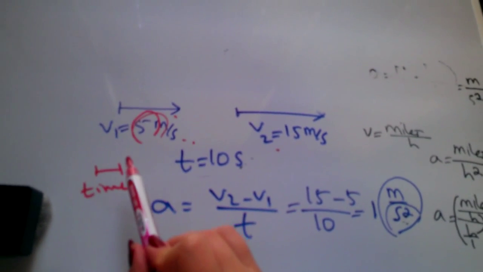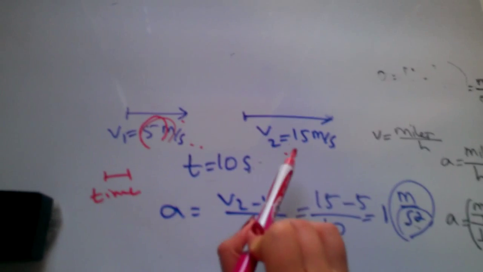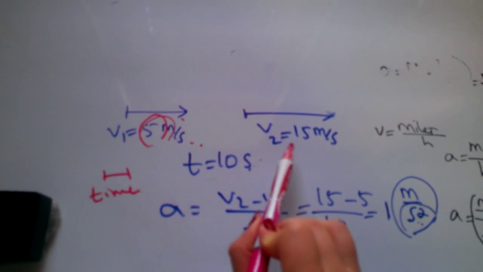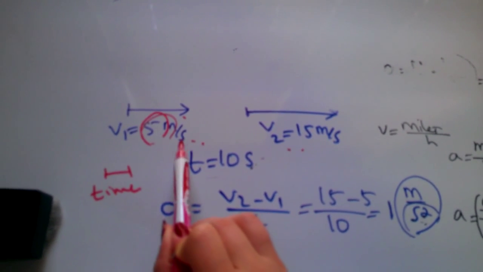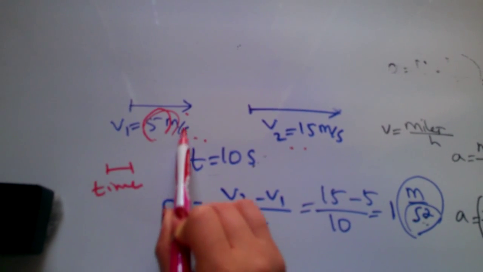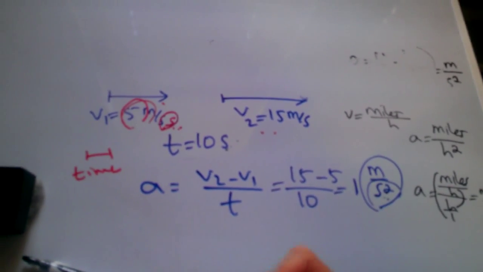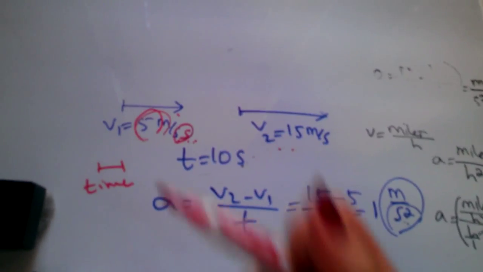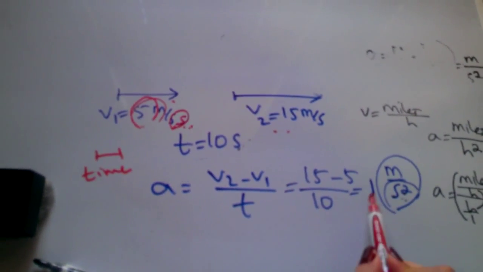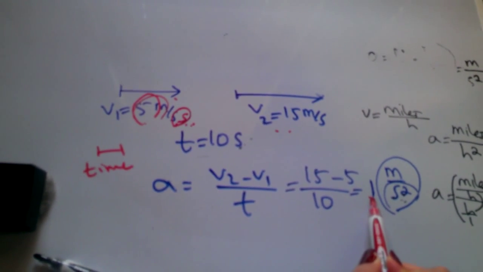Sometimes you're decreasing your velocity, but here I'm going from 5 to 15, and in every single unit of time, here the unit of time is seconds, in every single second I'm earning more speed by 1 meters per second.